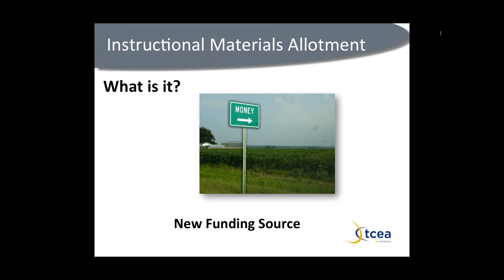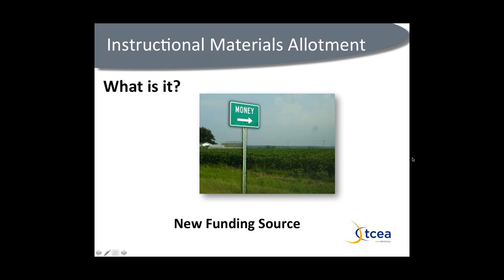And over the last 10 years, there's been a push for more flexibility for school districts to be able to choose the materials that they want to use in the classroom and look for ways that are more efficient. And so Senate Bill 6 was born.